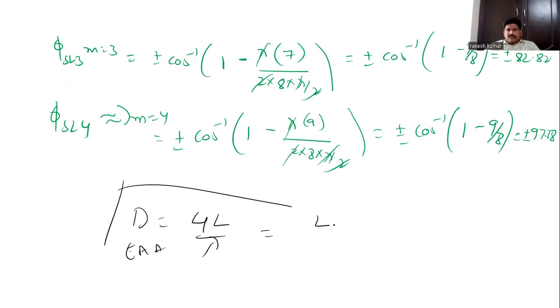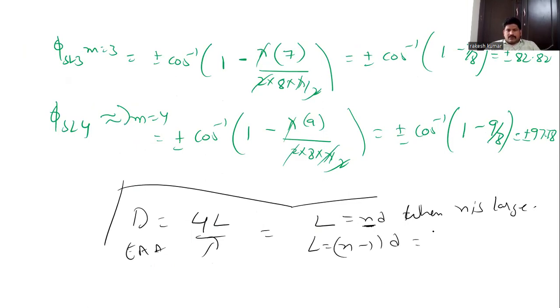What is the formula for L? Generally, you consider L as NT when N is large. But here the value of N is 8, which is very small, so the formula is (N minus 1) into d, that is 8 minus 1 into lambda by 2. Therefore, directivity is equal to 4 into 7 lambda by 2, divided by lambda.